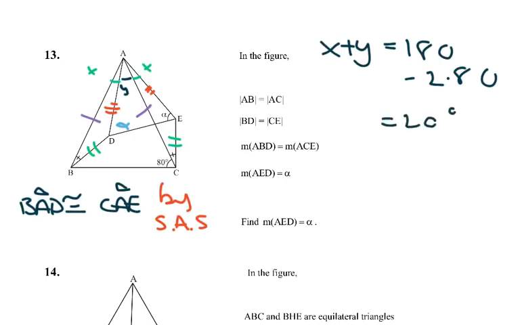So if X plus Y is equal to 20, then looking at ADE, alpha must be equal to 80.